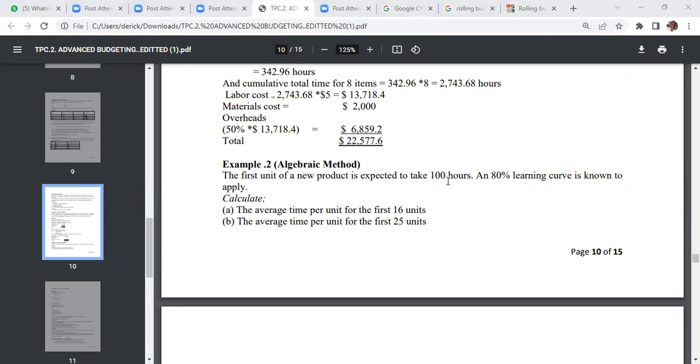We're saying that our A is 100. Then this is not given. Our B we're given the rate as 80%.